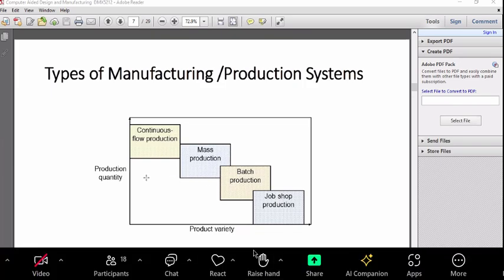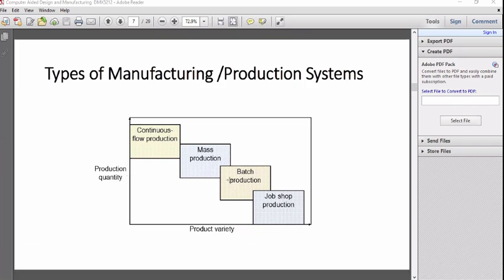In batch production, the production quantity is lower than mass production since it is in batches, and product variety is a little higher than mass production. Different kinds of parts are manufactured in batches. And in job shop production, product variety is high, like one or two different parts will be produced. So remember these types of manufacturing or production types.